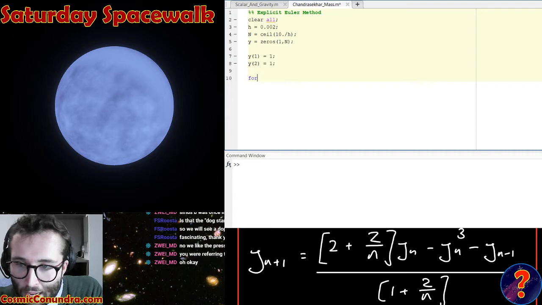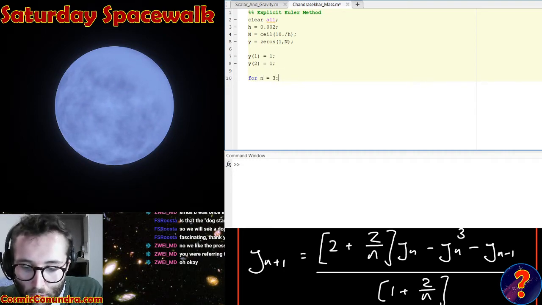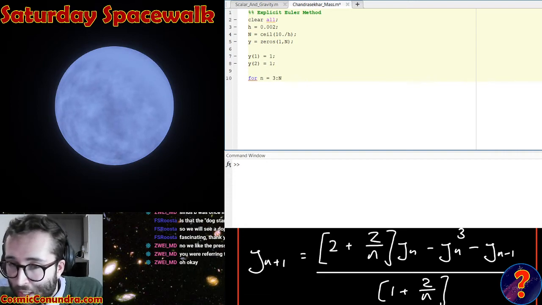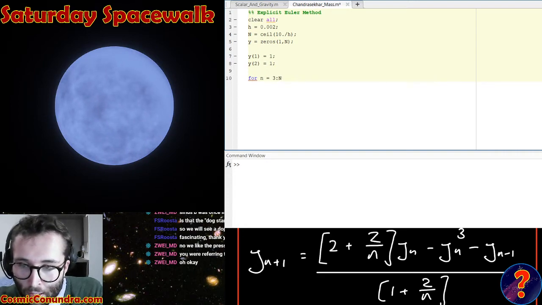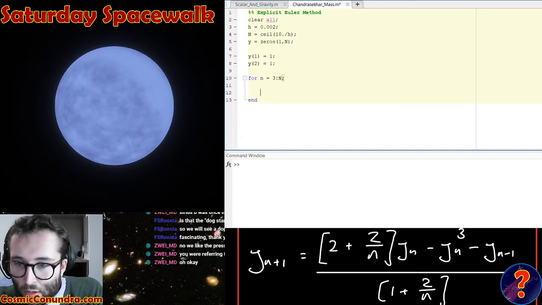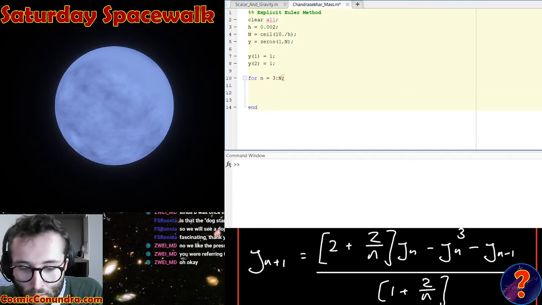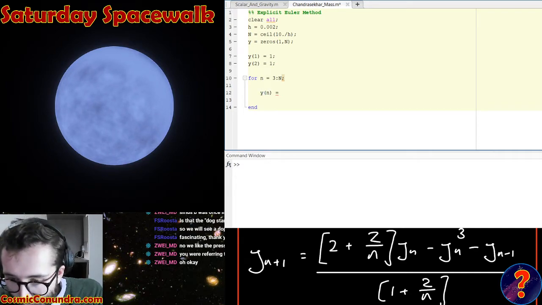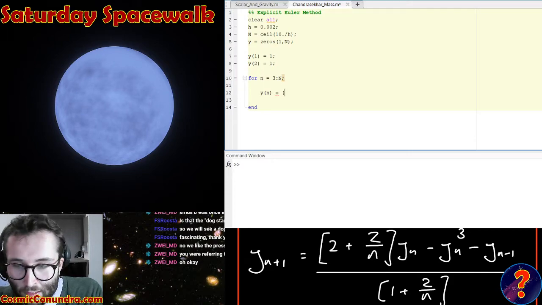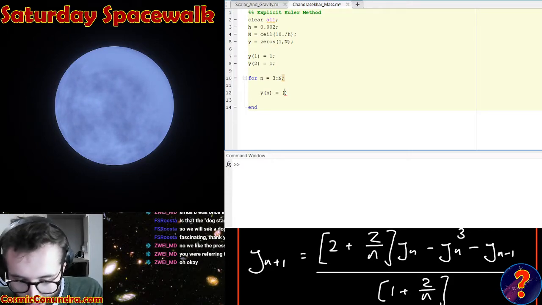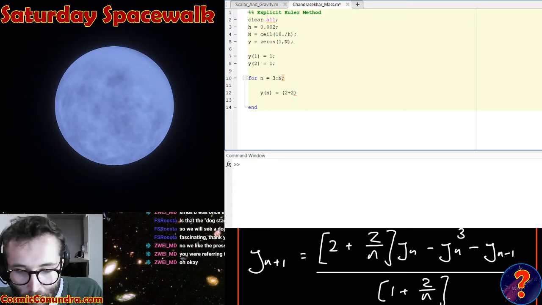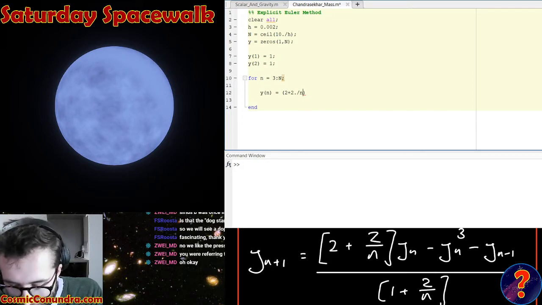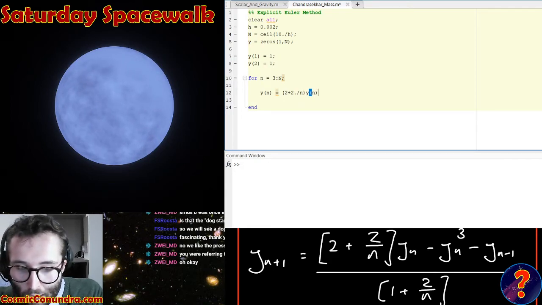So I'm going to say for small n equal to 3 all the way up to big N, which is my final limit, I'm going to define yn as, and now I just have to input this expression I've got here, which is a little bit of a hassle to put in, but it doesn't matter. So it's 2 over 2n all times yn.